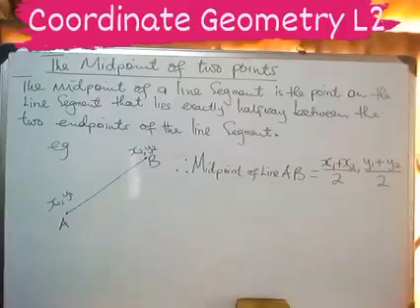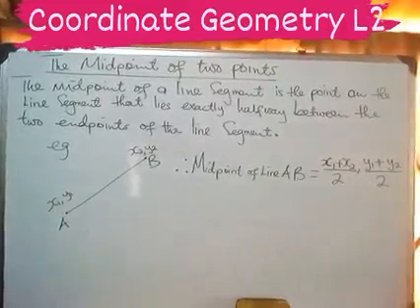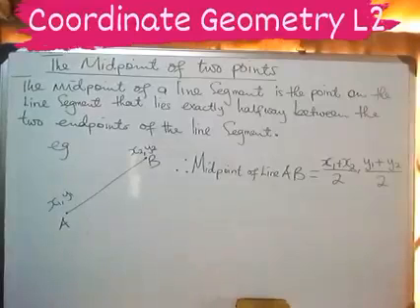So this is a point that lies exactly halfway between 2 points, or between two end points of the line segment.